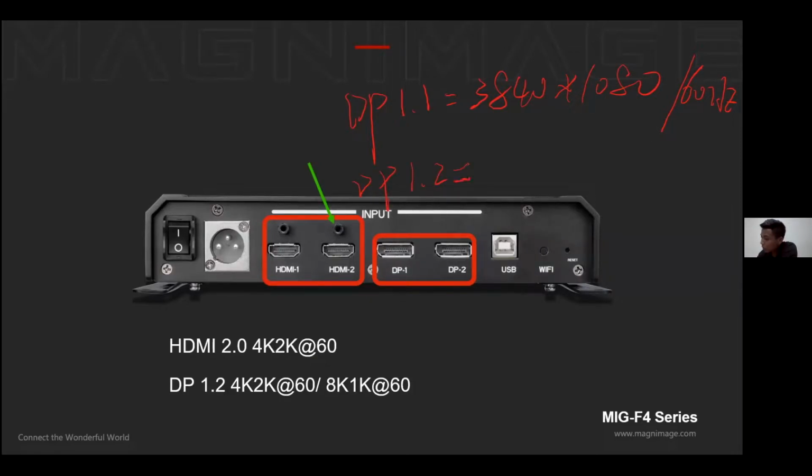So one display port, 4K by 2160, 60 hertz. That's the difference. So you can check this module. The input is HDMI 2.0 and the DP 1.2.